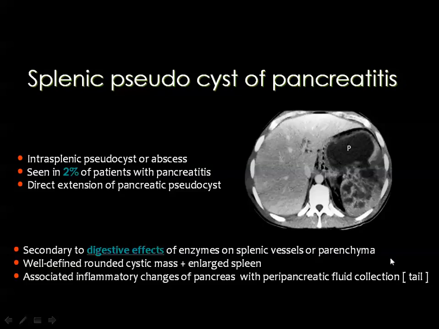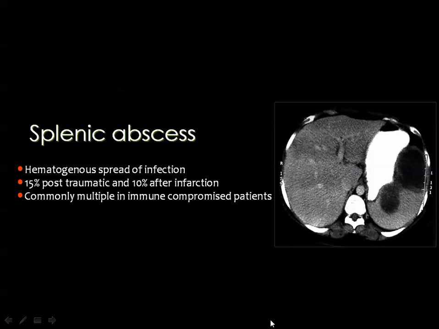Of course, in order to diagnose these cysts inside the spleen as related to pancreatitis, there should be signs of pancreatitis in the pancreas, like the swelling of the pancreas, the obliteration of the peripancreatic fat, and the presence of fluid, either free or encysted, like in this case, and this is a pseudopancreatic cyst in the course of acute pancreatitis with extension of the process inside the spleen.